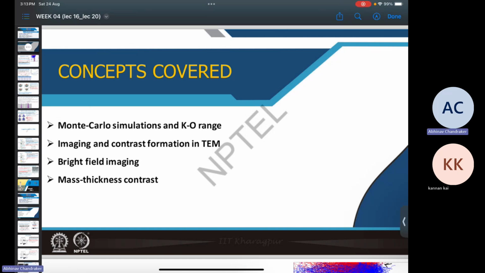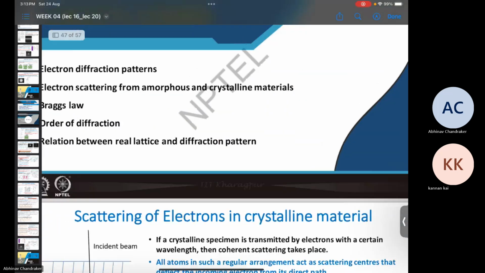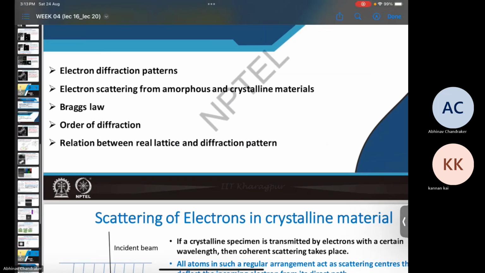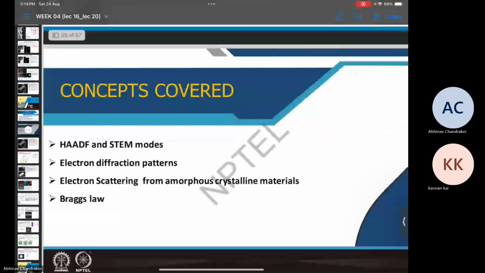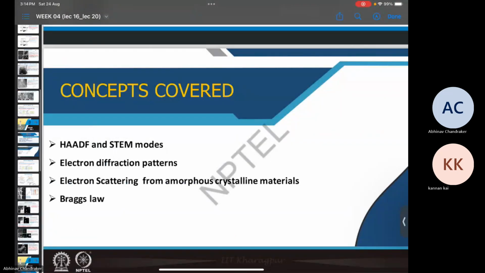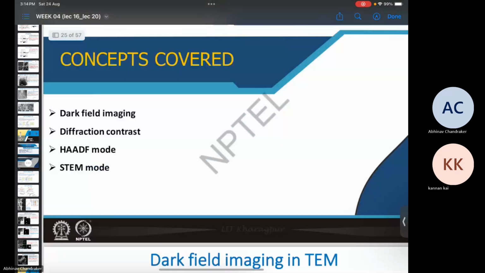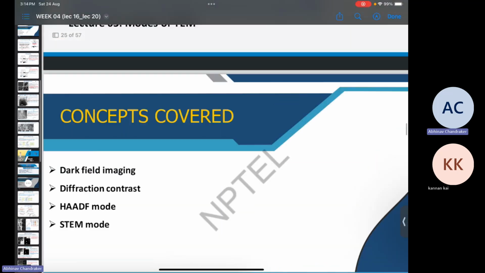And after that, we covered some different contrasts. So mass thickness contrast. I think phase contrast was also covered. Diffraction contrast.